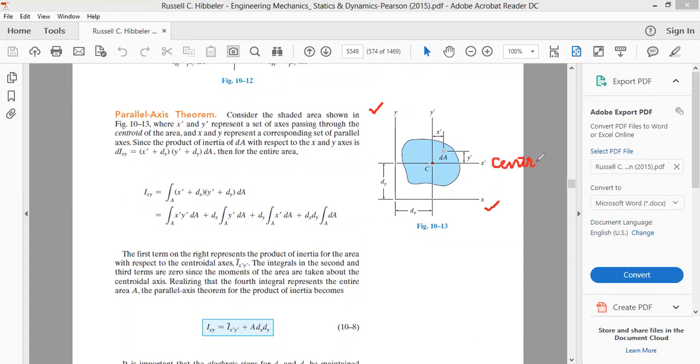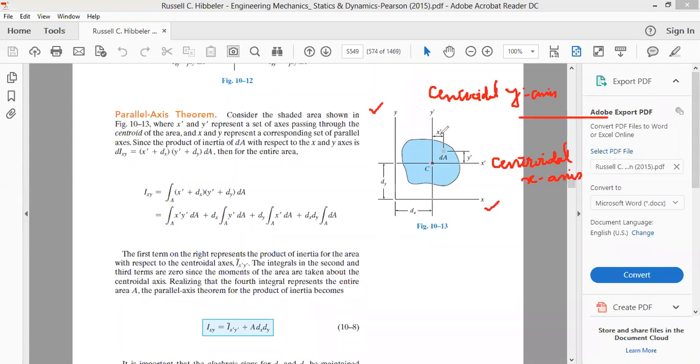And an axis passing through the centroid and parallel to the y-axis, we call the centroidal y-axis. Now we have an area lying in the xy coordinate system. We have centroid C. The x-axis passing through the centroid is called the centroidal x-axis, and the y-axis passing through the centroid is called the centroidal y-axis.